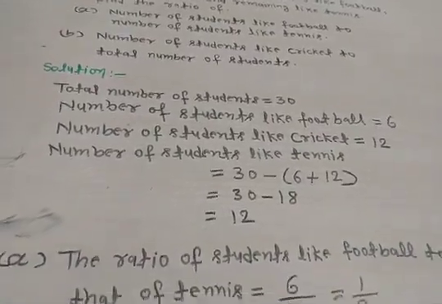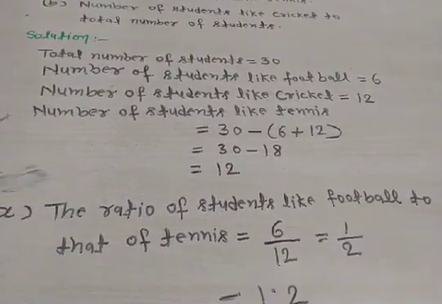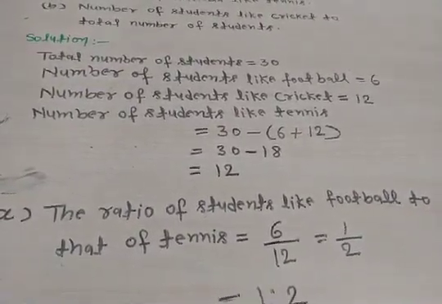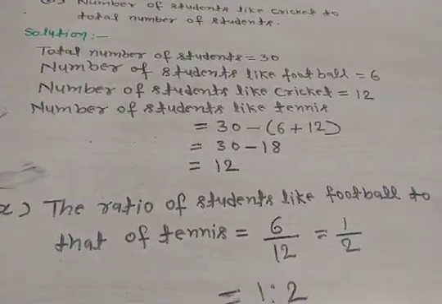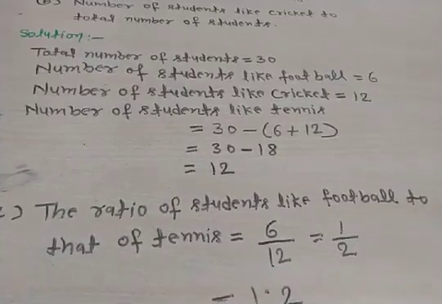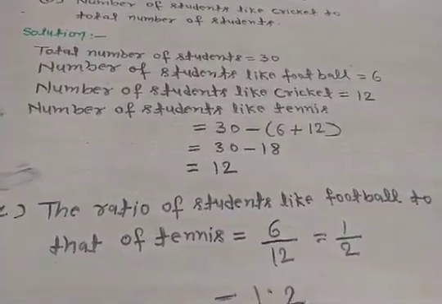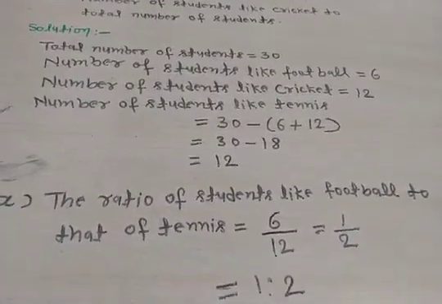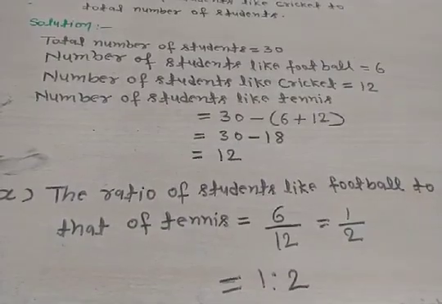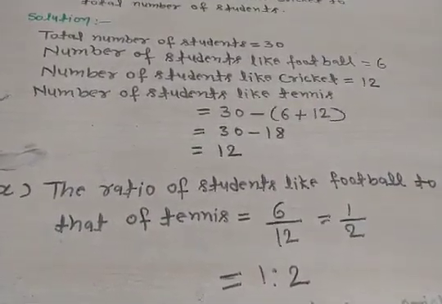Now the first part, ratio of students who like football to students who like tennis. So here 6 students like football and 12 students like tennis. So first we simplify it. 6 by 12 becomes 1/2. So the ratio of number of students who like football to number who like tennis is 1:2.